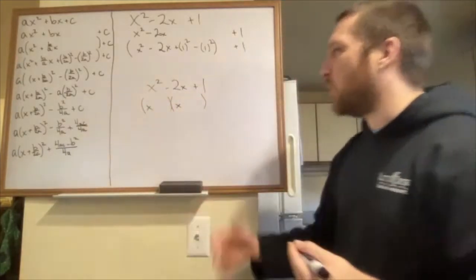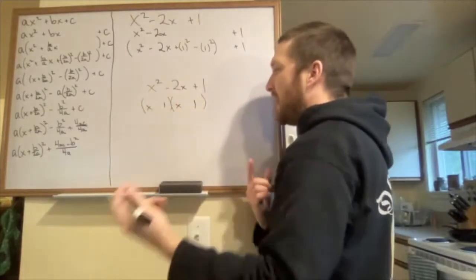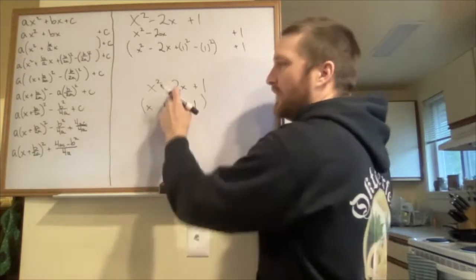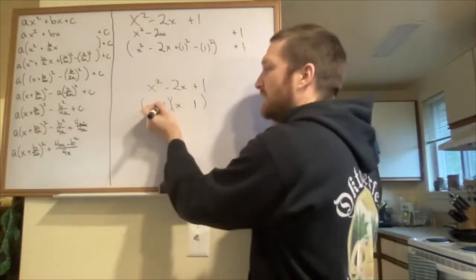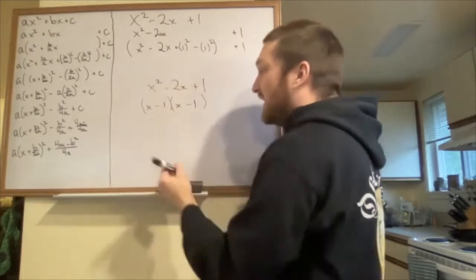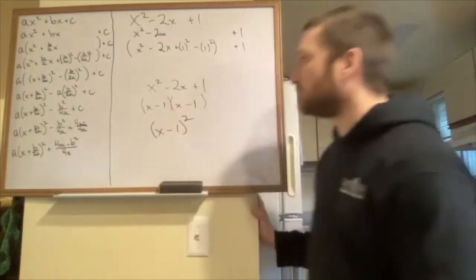What times what is 1? Well, 1 and 1. I have my outer is 1x, my inner is 1x. In order to make that a minus 2x, I would need them both to be minuses. And it happens to be a perfect square.